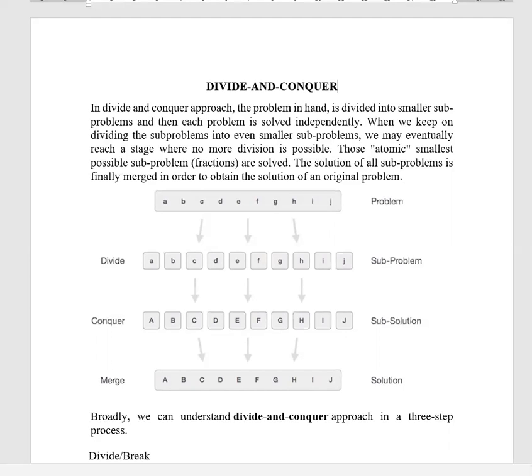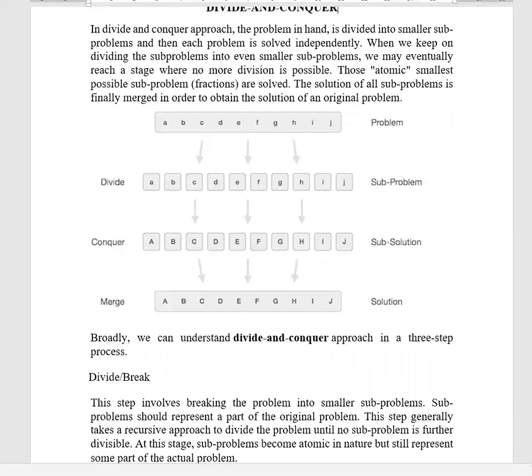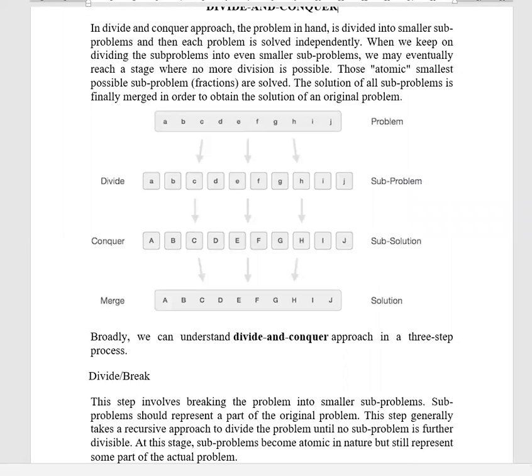So see, there is an example for divide and conquer technique. First we take an array A, B, C, D, that is, a small a to j. So that is our problem, to arrange it in capital order. First we divide all the array elements into smaller array elements, like we divide into sub-problems. For the full problem, we divide into sub-problems.